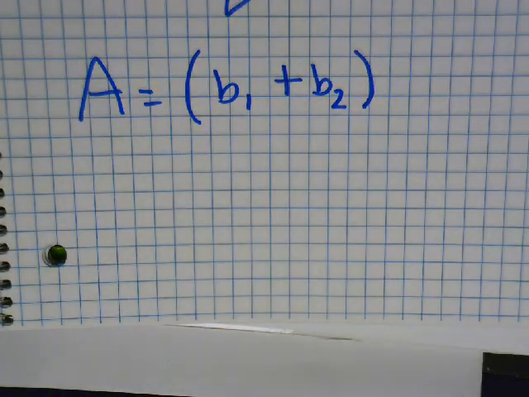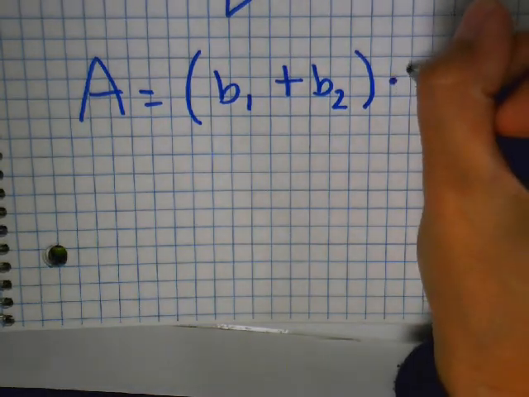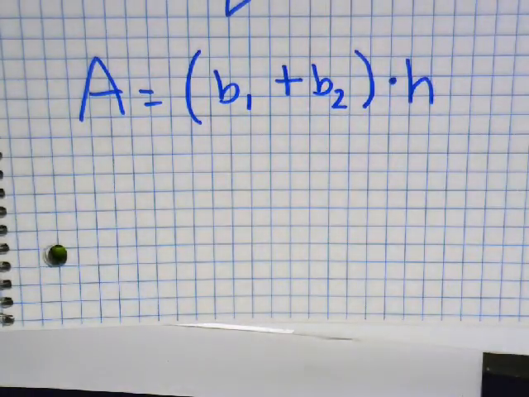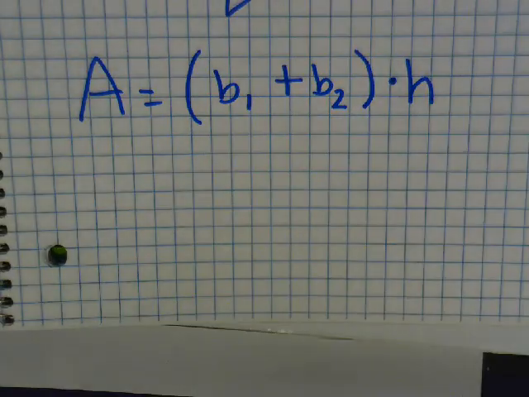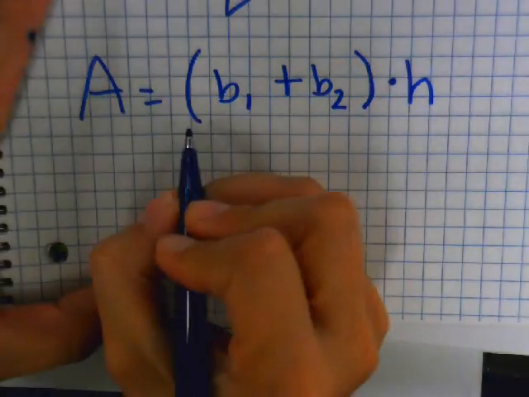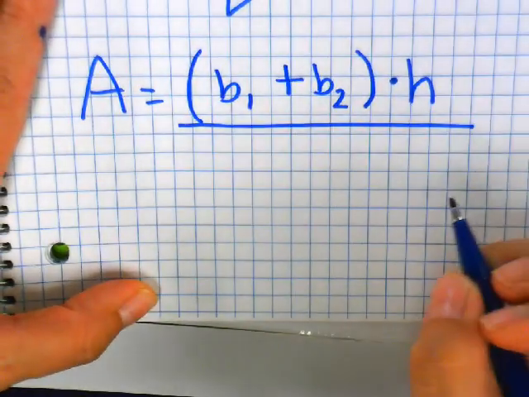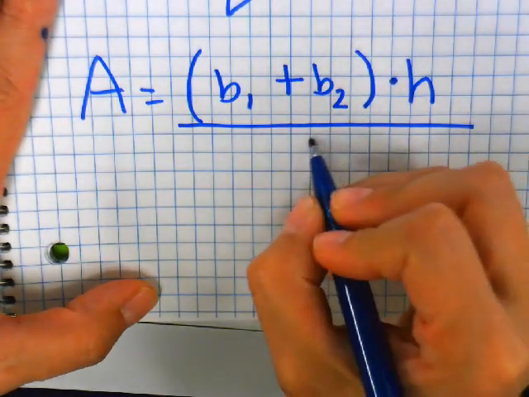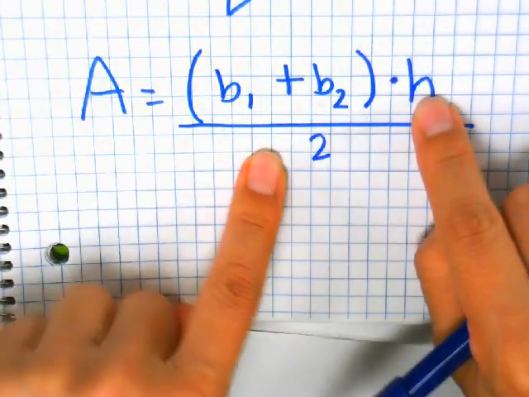Write it down, because this is what's going to tell you what to do for the next 100 problems. Times your height. I'm going to put the height on the back, Kevin, instead of the front. Then I'm going to divide everything by 2, guys. So write that down: times your height, then divide by 2.